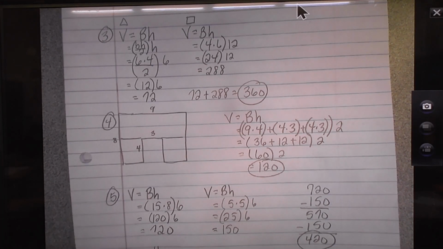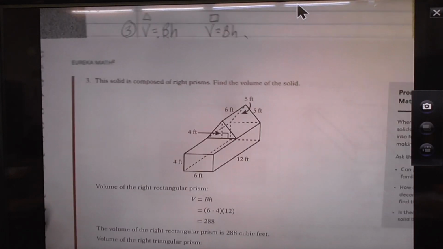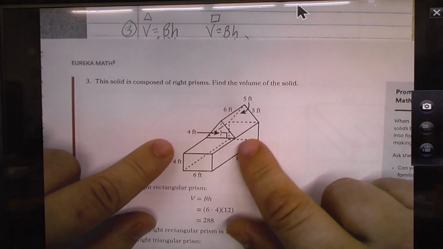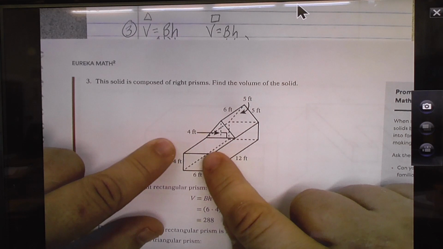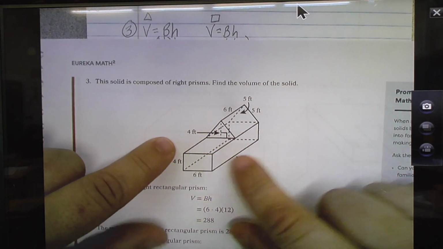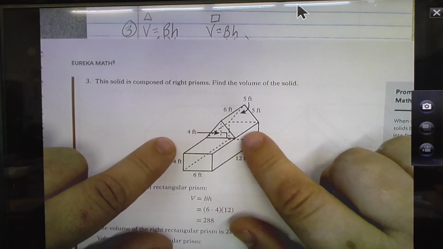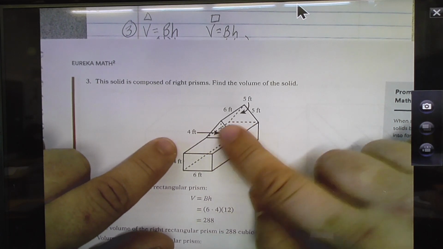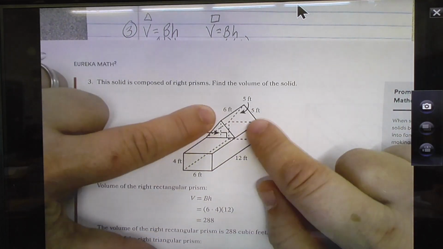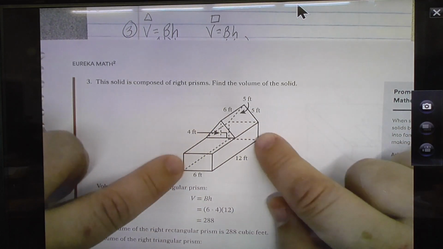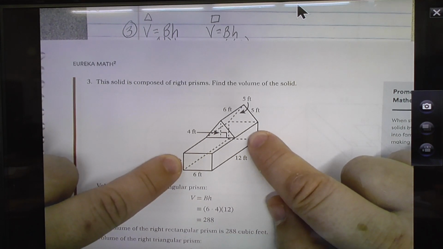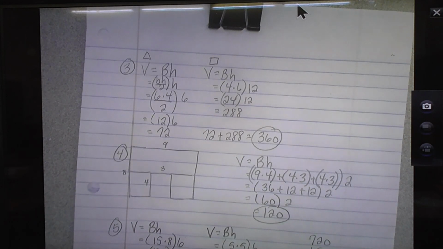For picture number 3, I was like, okay, I might could use composition for this one, but then I was like, no, because I don't want to put another triangular prism on top. So then I figured I'm just going to use decomposition and find the volume of this triangular prism first, and then find the volume of this rectangular prism, and add them together. So if you look right here, that's exactly what I did.